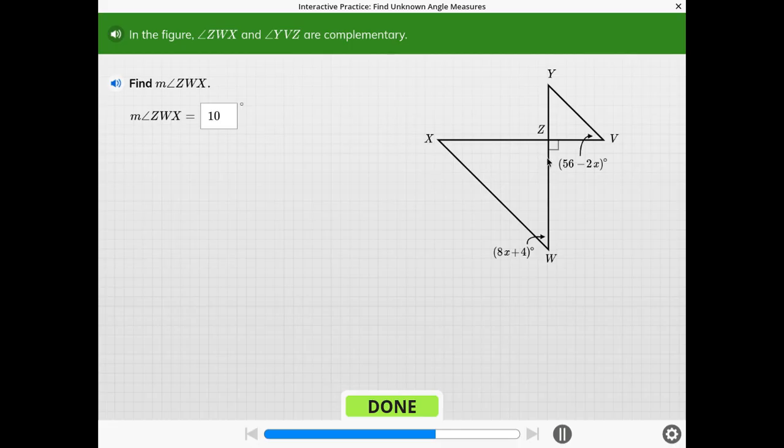So 120 minus 56. No. Yeah, alright. Just divide 120. Actually 6x. Divide that by 6. You get 20, which is a true value.